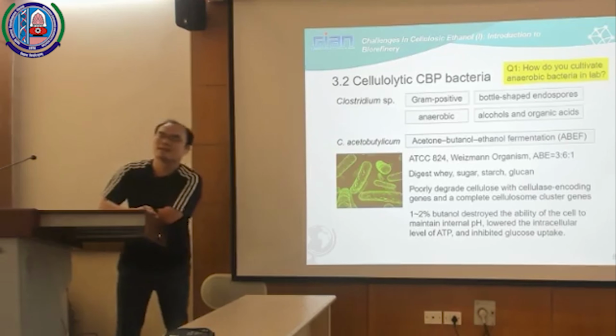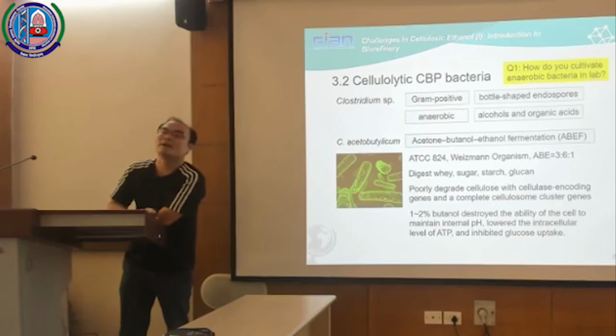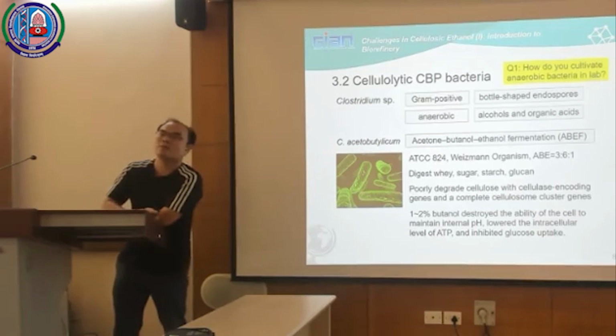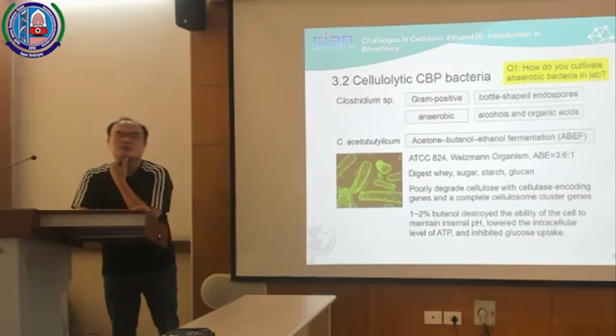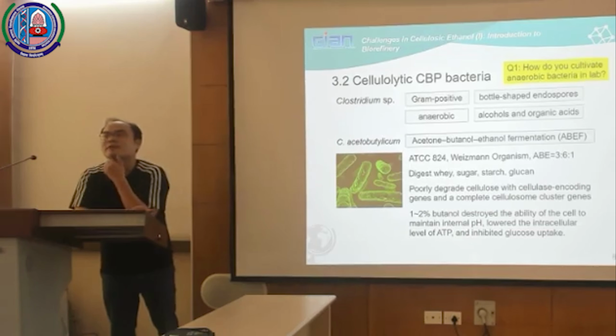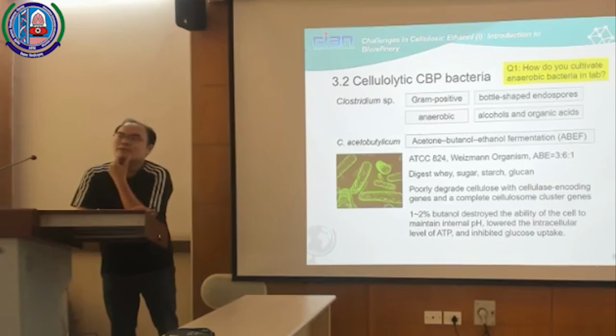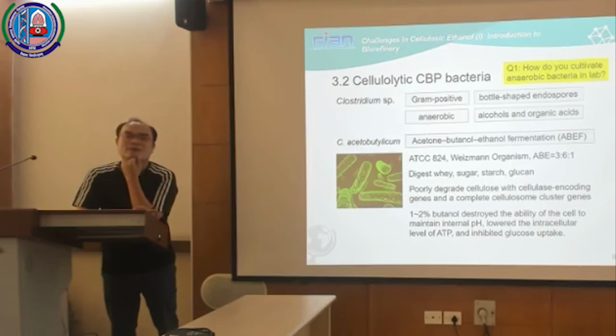Just an anaerobic chamber. Around anaerobic chamber, full of hydrogen, okay, full of carbon dioxide. Am I right? But if I do not have this equipment, what should we do?